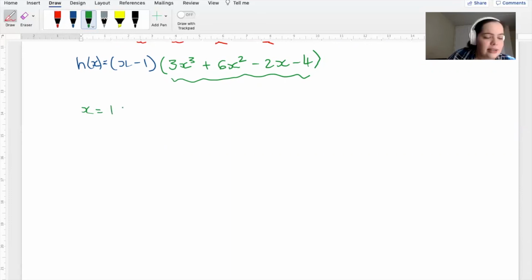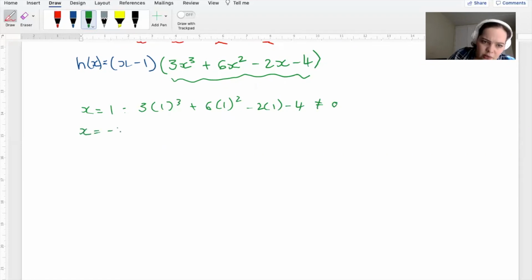So let's try x equals 1, and we're going to get 3 times 1 cubed plus 6 times 1 squared minus 2 times 1 minus 4, and sadly it doesn't equal 0. Then we try x equals negative 1, and we're very sad because it doesn't equal 0. Then we try 2, and we're even more sad because it doesn't equal 0.